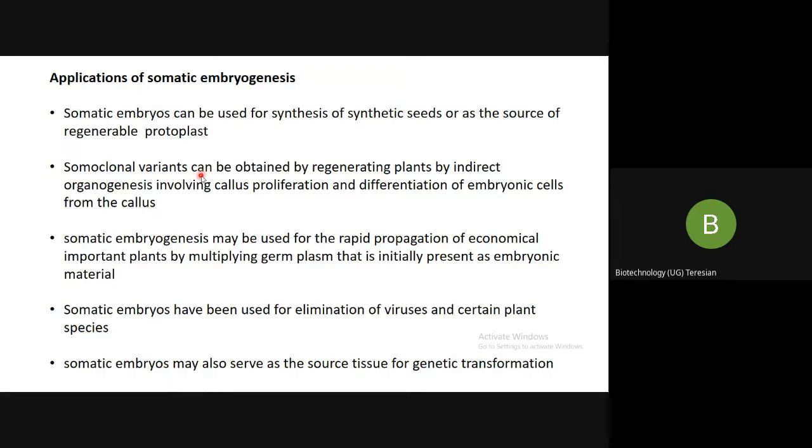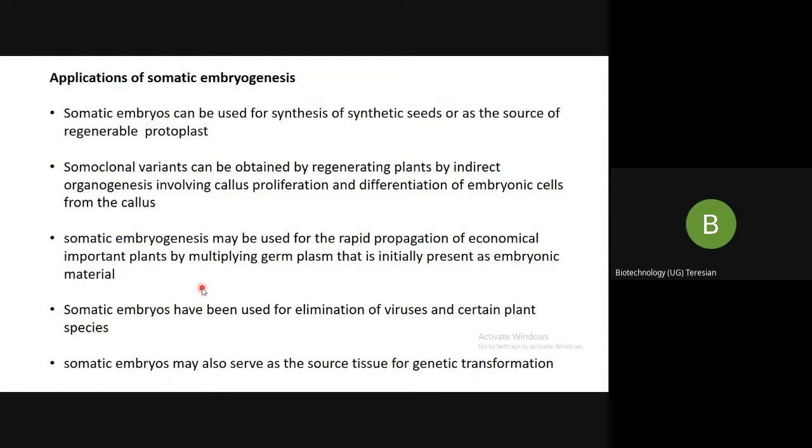So somaclonal variants can be obtained by regenerating plants by indirect organogenesis involving callus proliferation and differentiation of embryonic cells from the callus. Somatic embryogenesis may be used for rapid propagation of economically important plants by multiplying germplasm that is initially present as embryonic material.